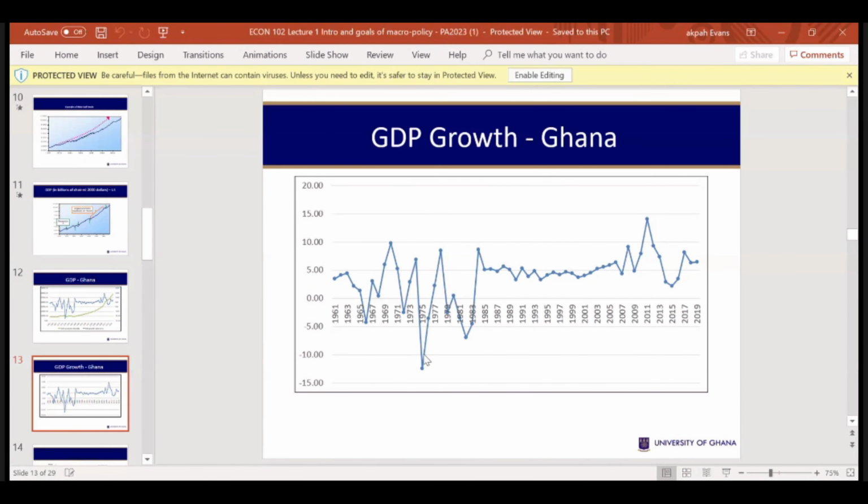You can see in 1975, our GDP growth rate was around -12. Next historic one will be 83.